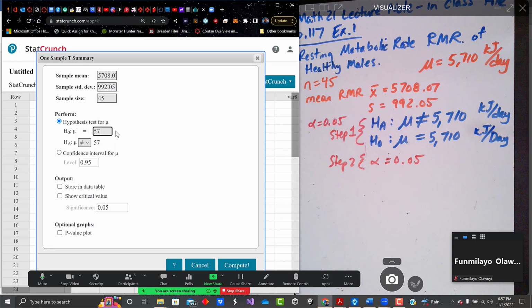We are going to enter the value 5,710. And I want to make sure I use the right symbol, not equal to. That's the default one, so that's okay. And we click compute.